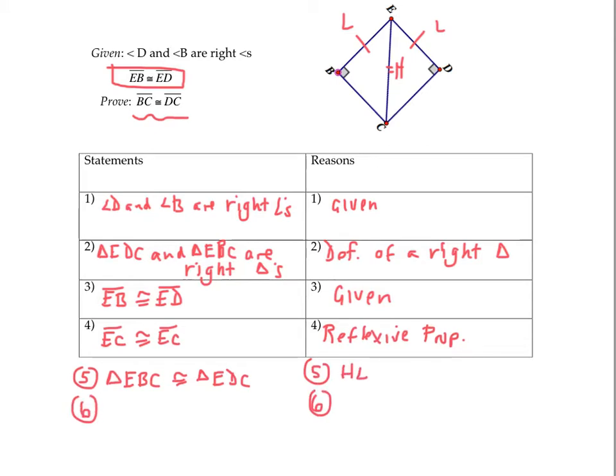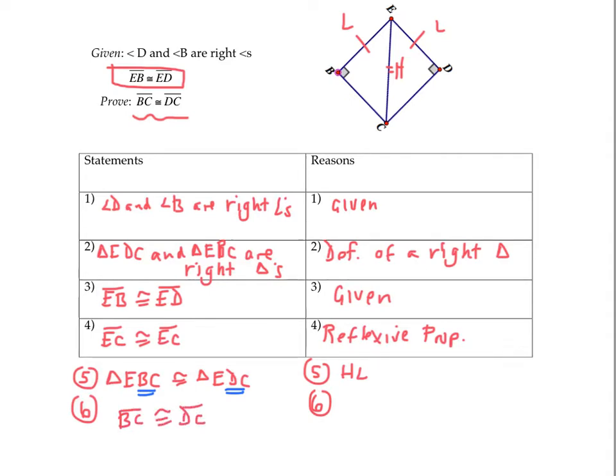Okay, for our last step, this is something we haven't tackled before, but once we prove triangles congruent, then we can say that any other pair of corresponding parts are congruent. So since we said in step 5 that these 2 triangles are congruent, check it out. Here's line segment BC. It corresponds to DC in the second triangle name. So we're going to finish off our proof by saying BC is congruent to DC.